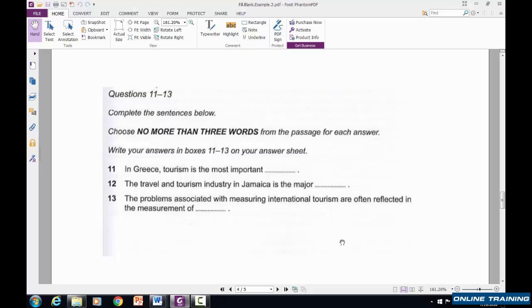After number 12, we're looking for number 13. Keywords in number 13 are the word problem for sure, and also international tourism. When we find the right sentence, our answer will be connected to measurement of. But first let's find number 11 and 12, and then we should be able to find our answer choices rather quickly.